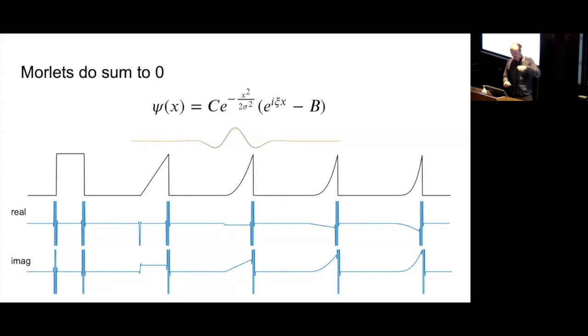But you can also just compute it numerically and make that Gabor atom sum to 0. If you do that, you get a Morlet wavelet. And then you immediately find that not only is your box set to 0, but also your linear object is set to 0 by the real part. The imaginary part does see the slope.